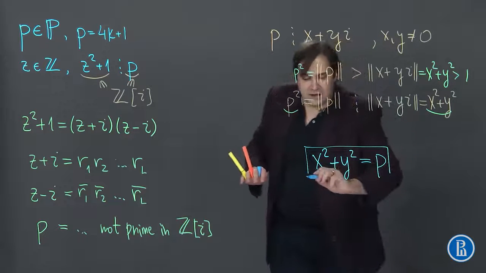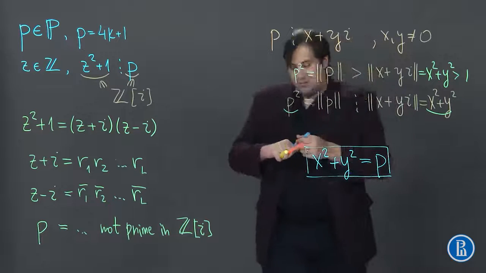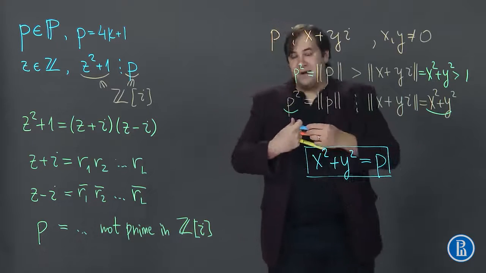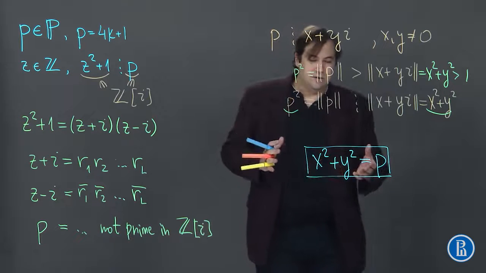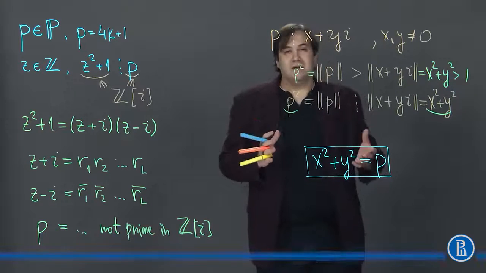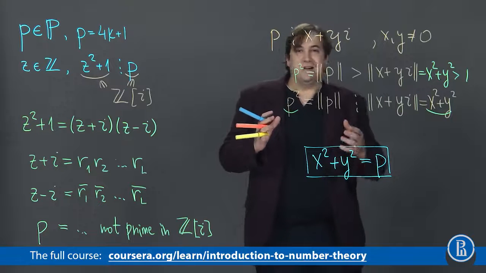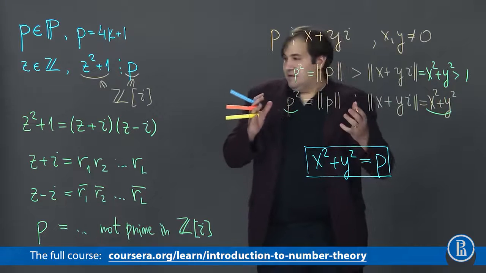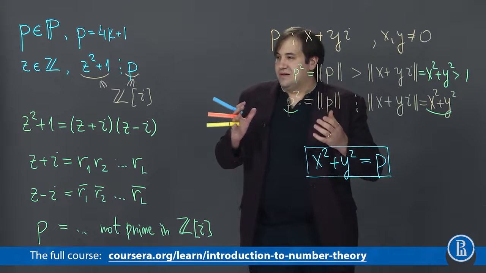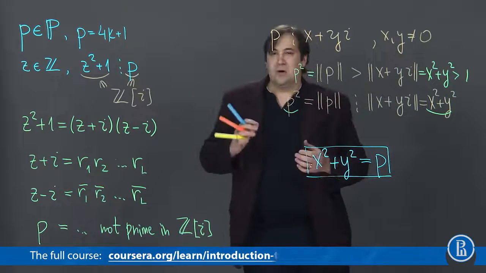So this is one of many proofs of Fermat's two squares theorem, another name of which is Fermat's and Euler's theorem, and we see that it follows from the unique factorization in the ring of complex integers.